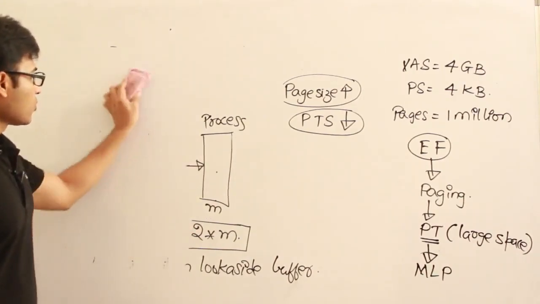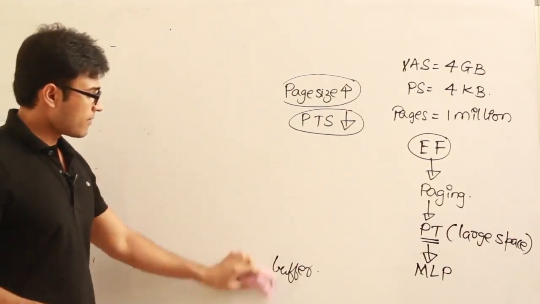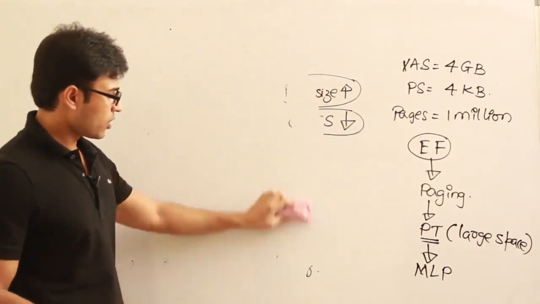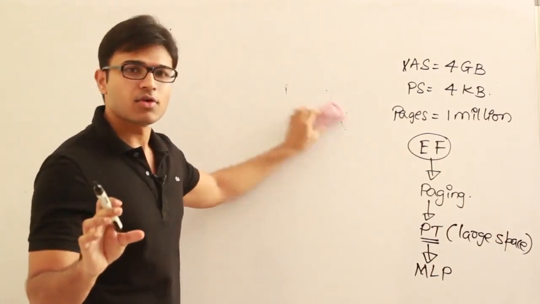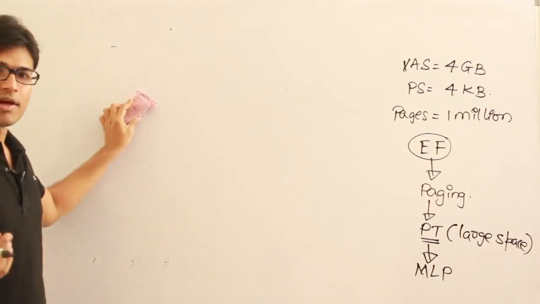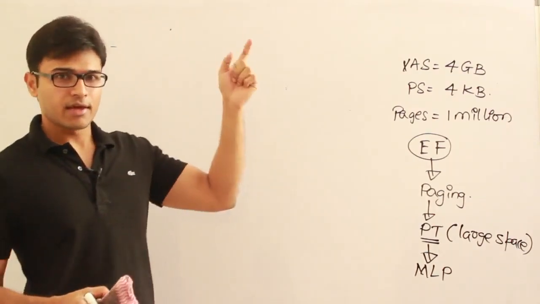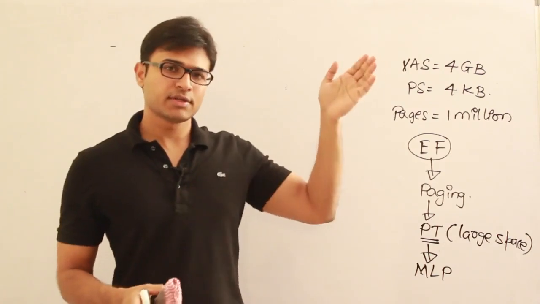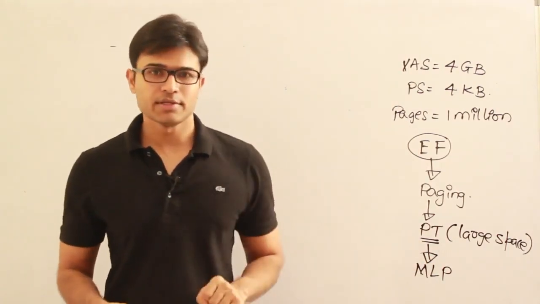I told you about the locality of reference. Locality of reference means that a process will access only a few pages for a long time, and then these few pages will keep on changing, but at any point of time a process doesn't need all the pages to be available. It requires only a few pages.